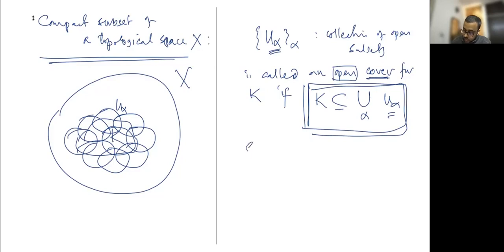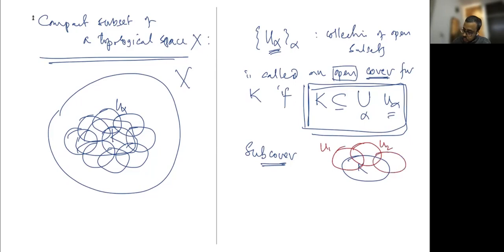Okay, now what is a subcover? Let's say you have this set K, and let's say you have U1, U2, U3, U4, U5, U6, U7, and U8.